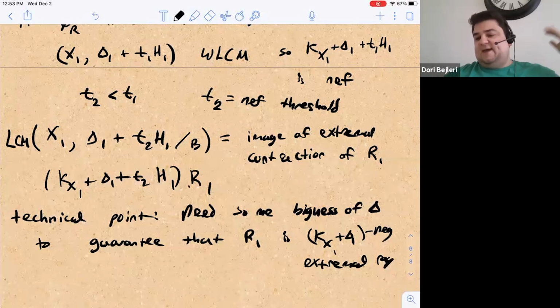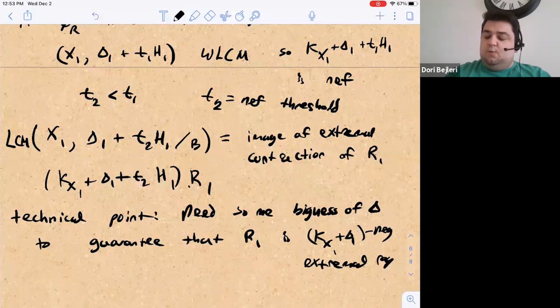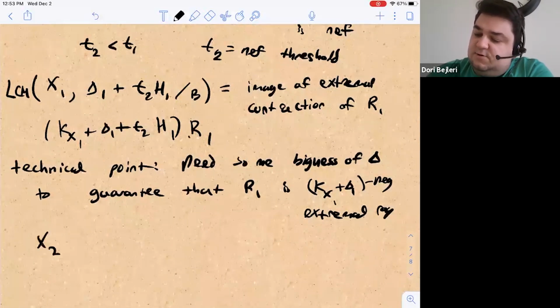Now I can take an extremal contraction, a K_X plus delta 1 extremal contraction for X1, which is also a K_X plus delta 1 plus T2H1 trivial contraction when I add back the T2H1, and so I get an X2.